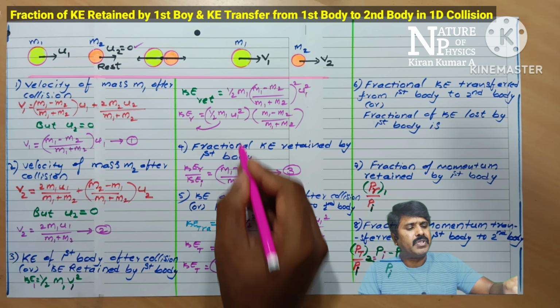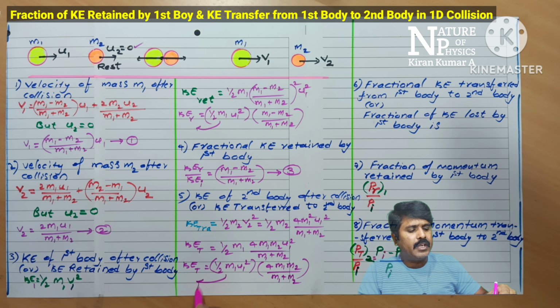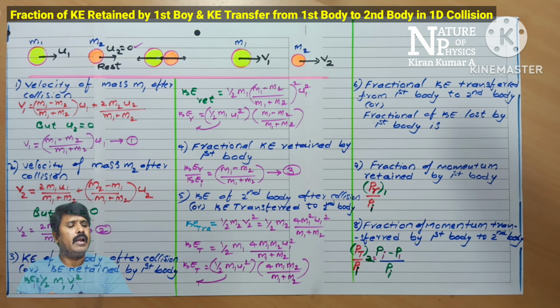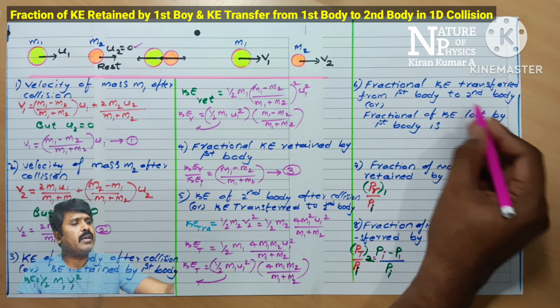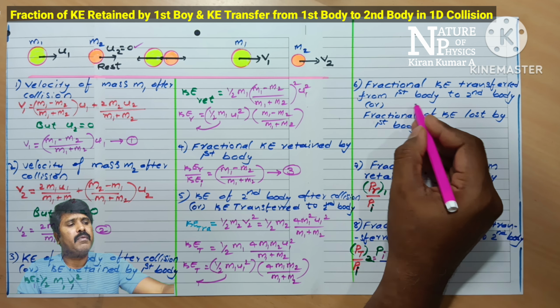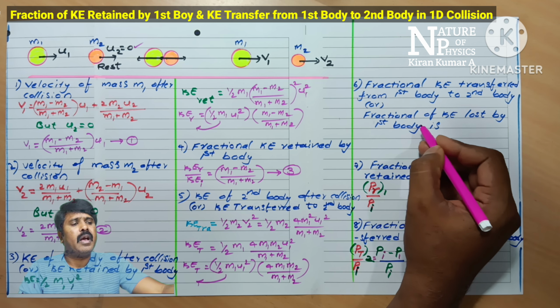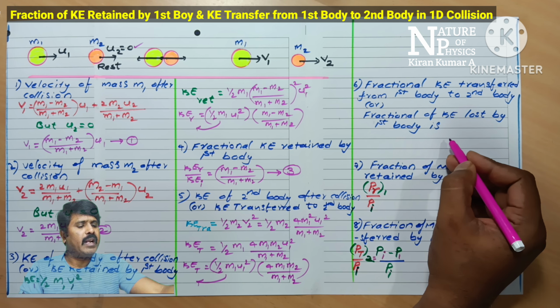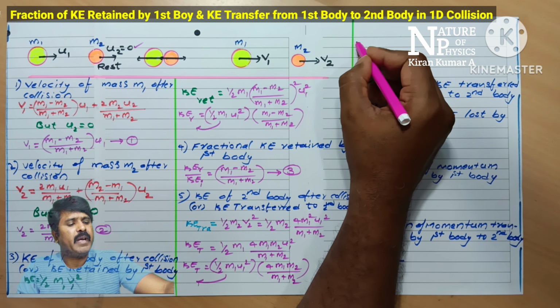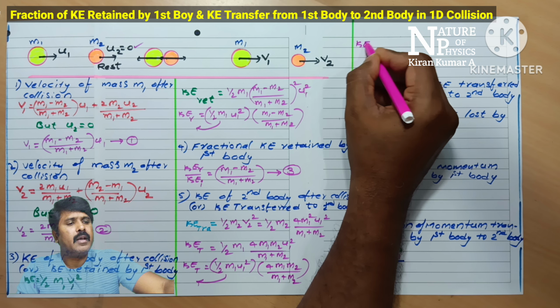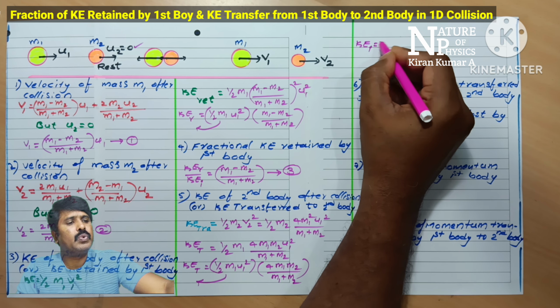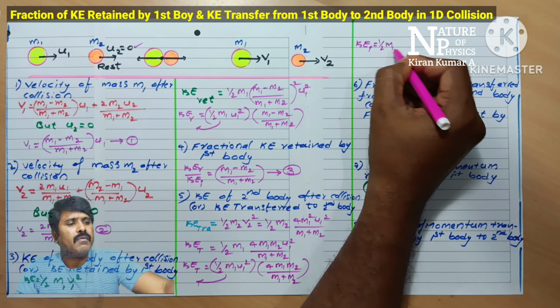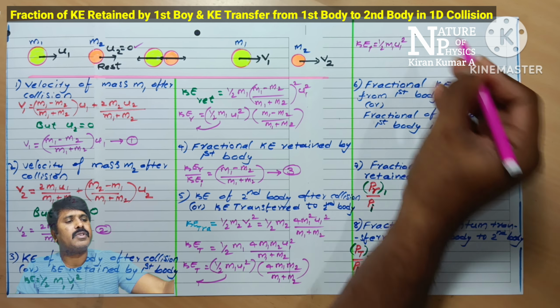Now, in the same situation, this initial kinetic energy goes from the RHS side to the LHS side, student. So we get the fractional kinetic energy transfer from the first body to the second body, or the fractional kinetic energy lost by the first body. Here one more step: the initial kinetic energy is equal to 1 by 2 of m1 u1 square, student.